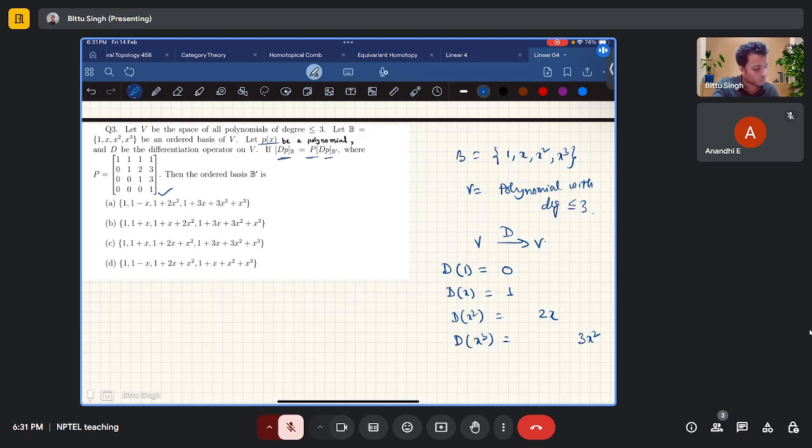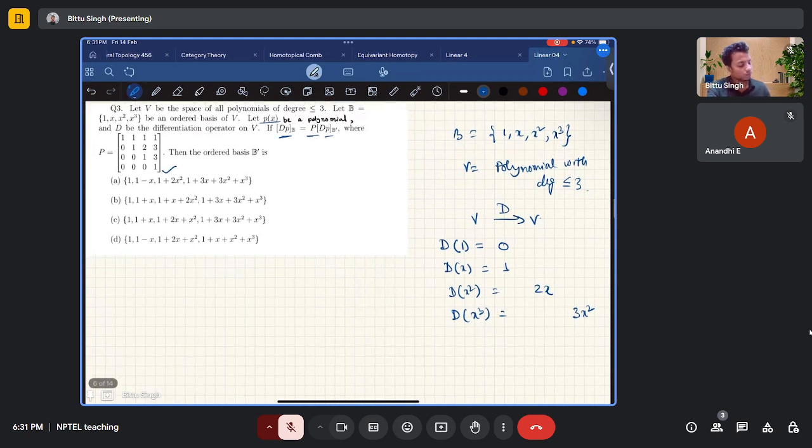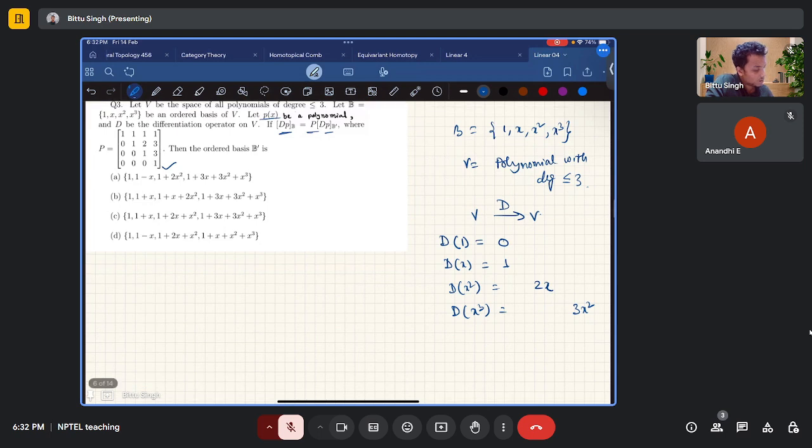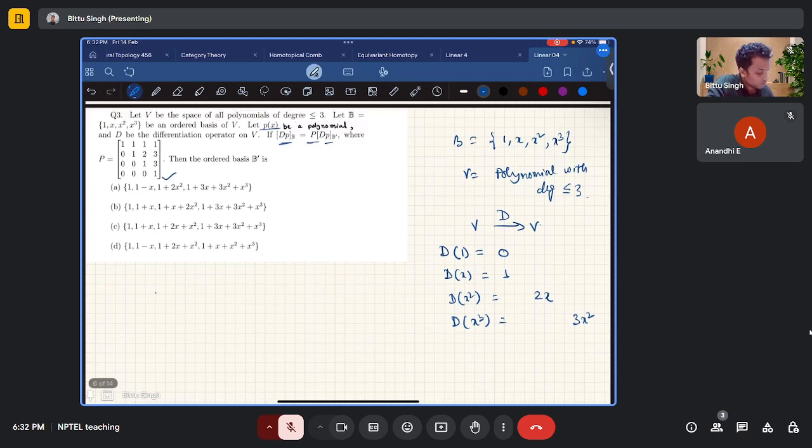Now the question is, what will be B dash? To solve this problem, we can see that D with respect to B is the same as D with respect to B dash, but there is P, right?